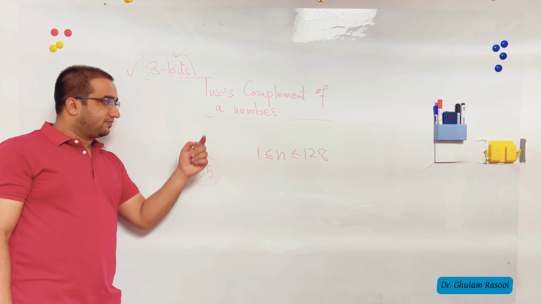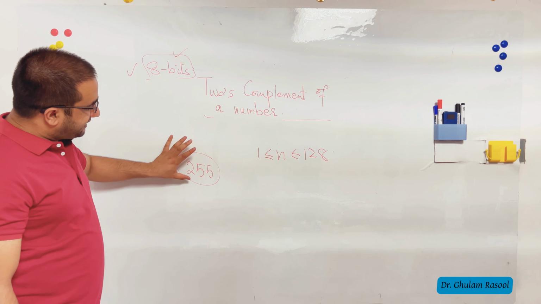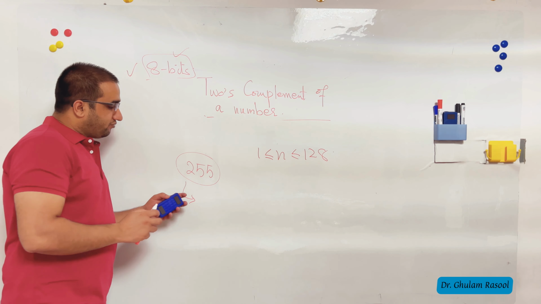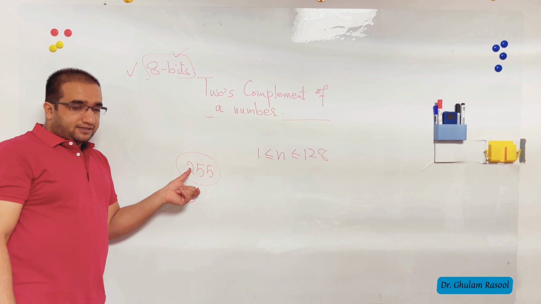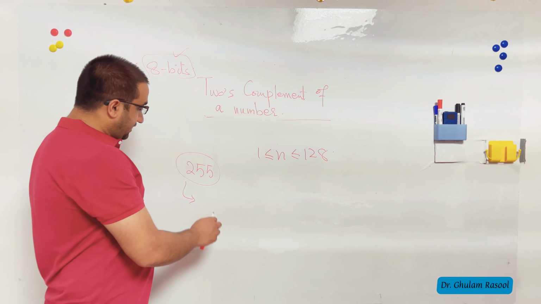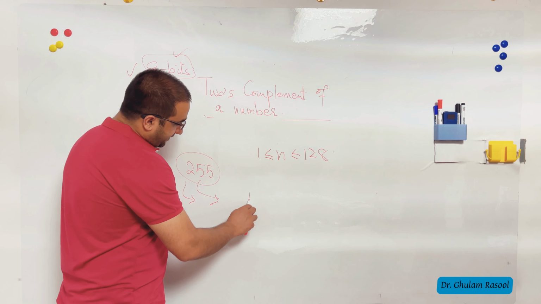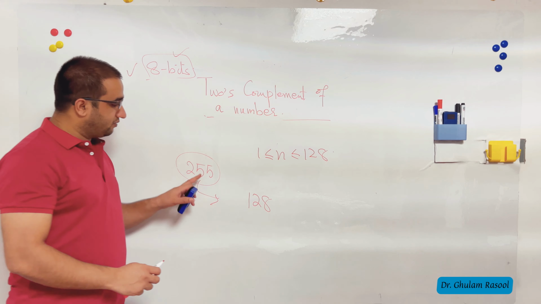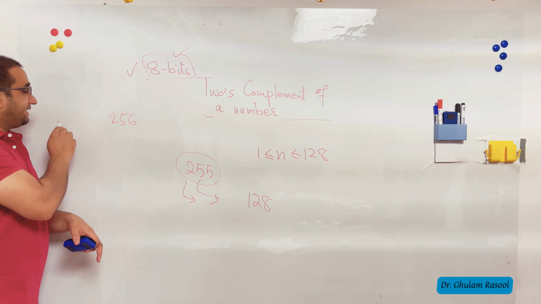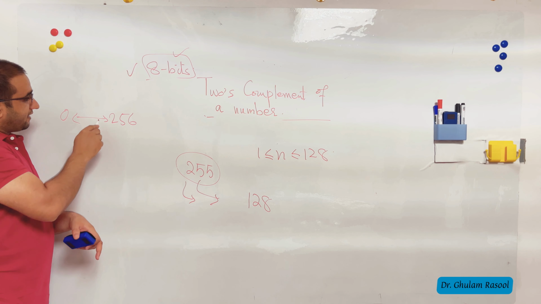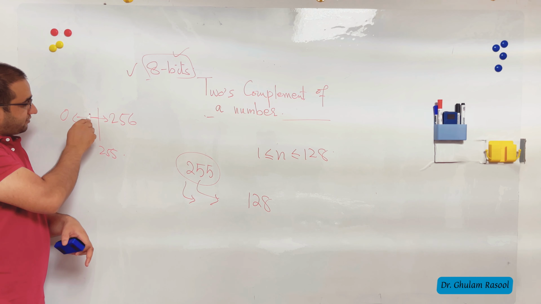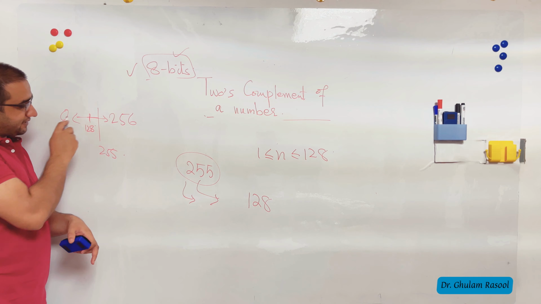Or if I ask you to write this number in binary representation, then you need to find a very close perfect power of 2 to separate it into perfect powers of 2. So the very first perfect power of 2 between 256 and 0, when your number is 255, the closest perfect power is 128.